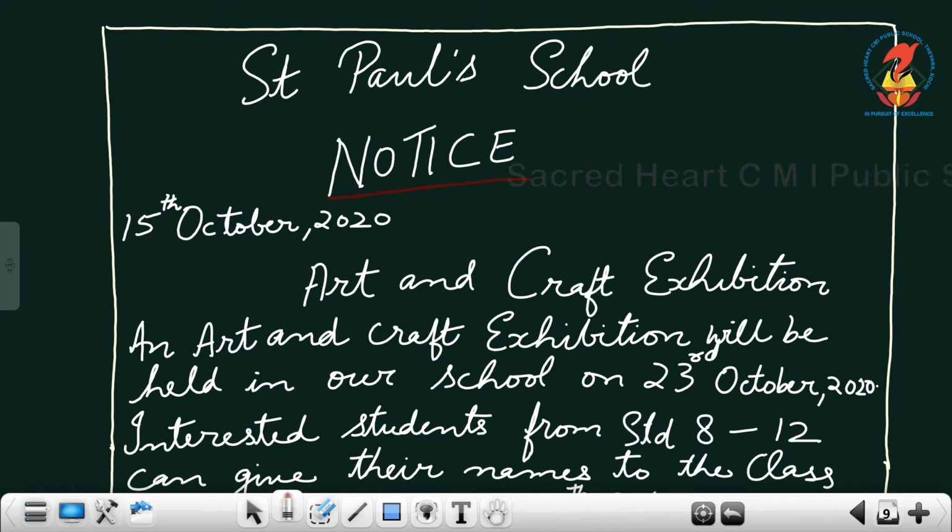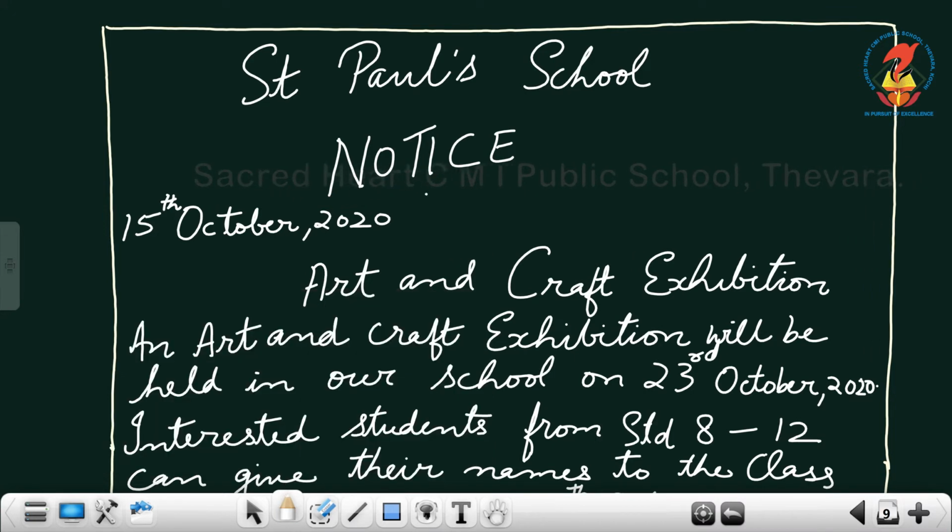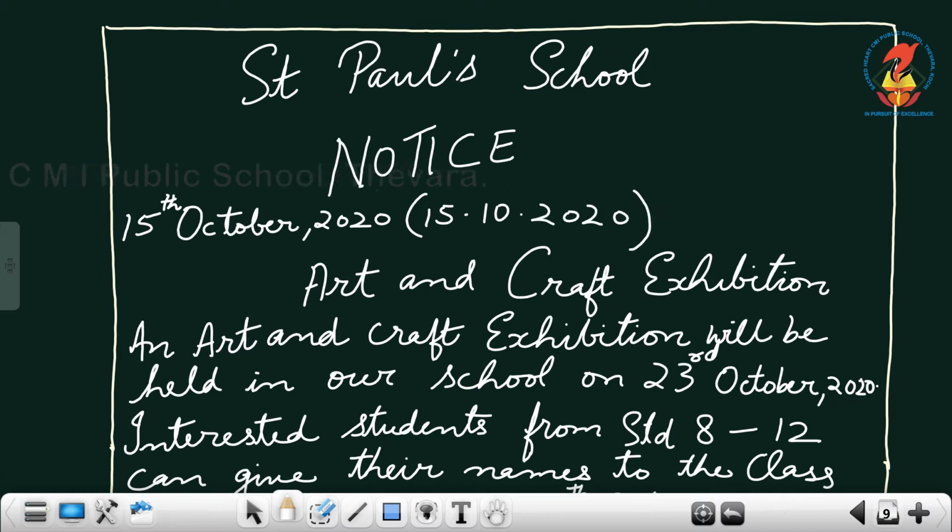This is the way you should write the date. If you write it as 15/10/2020, this is wrong. This is the wrong way of writing. This is the correct way of writing. You cannot write this. Is it clear?